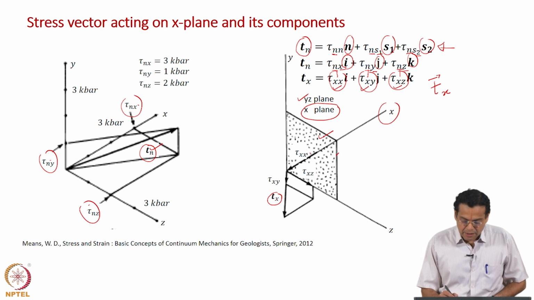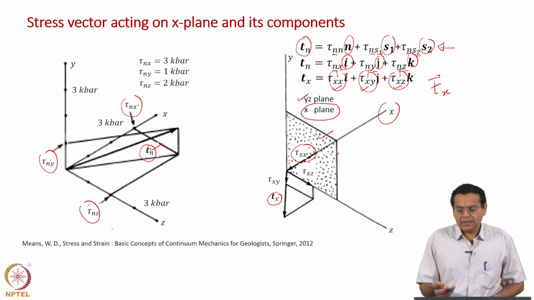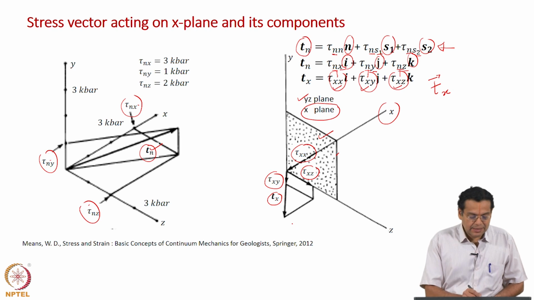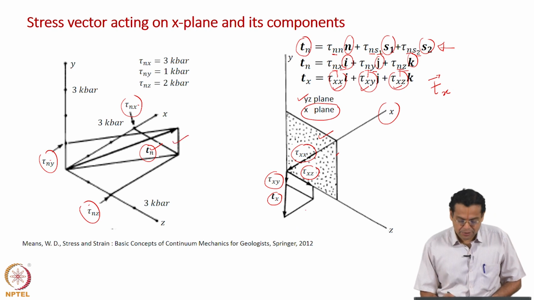Look at this, tau xx is a component, of course you can have any component, it is now along the negative x axis, and you have tau xy here and then tau xz here. As we have constructed here, I can construct here also. Take these two components, you will get this vector, and to that you add this tau xx vector, you will get Tx.